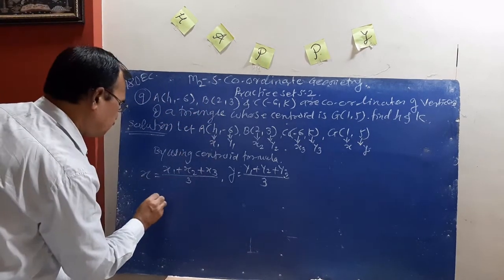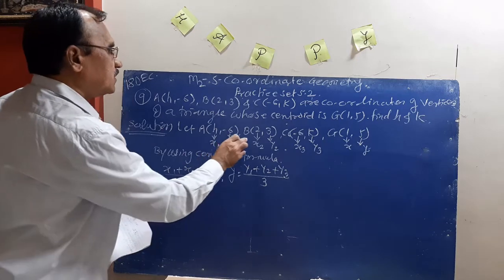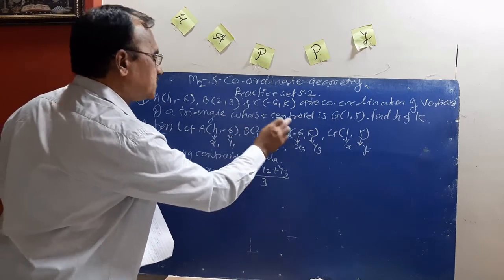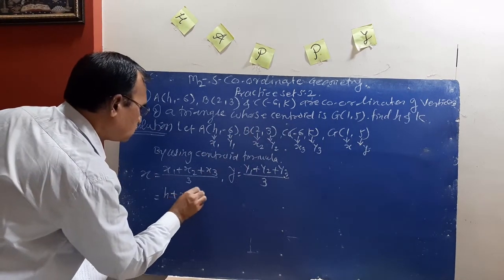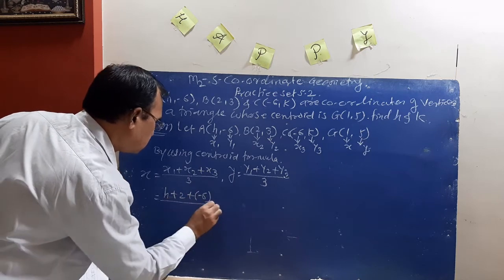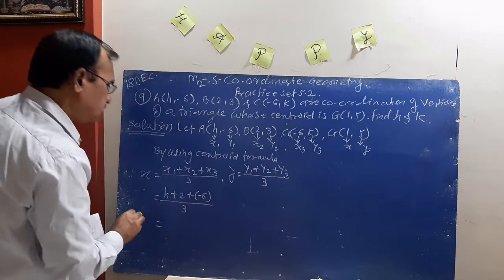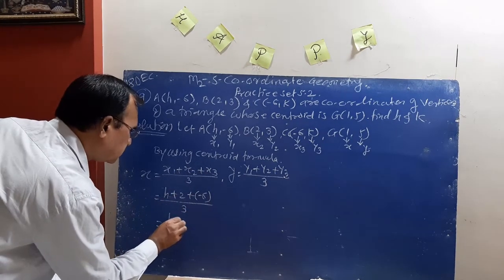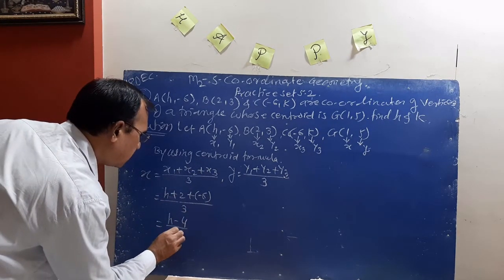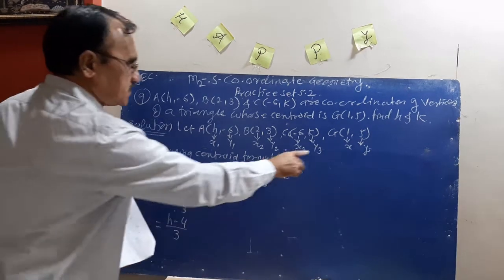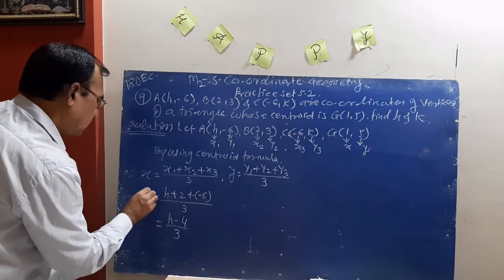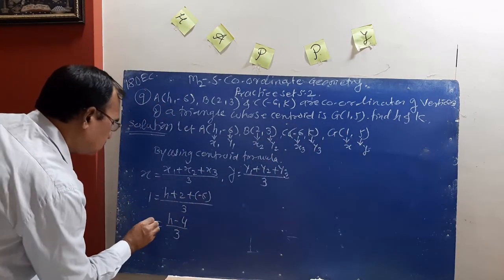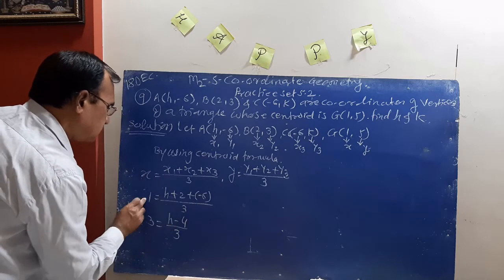x1 is h, x2 is 2, and this is -6, so h plus 2 plus (-6) divided by 3 is equal to, 2 minus 6 is -4, that is h minus 4 divided by 3, and x is 1. 3 ones are 3.